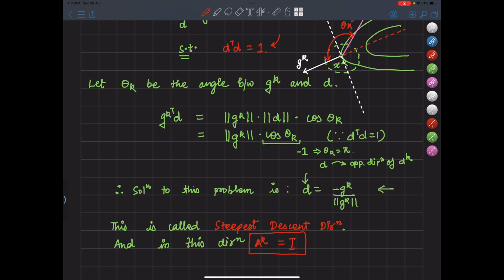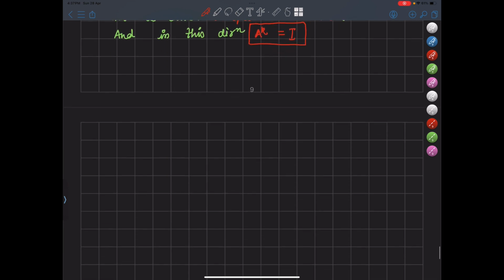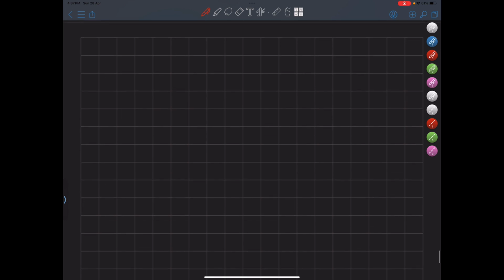Now let's discuss the steepest descent algorithm, the steepest descent method.